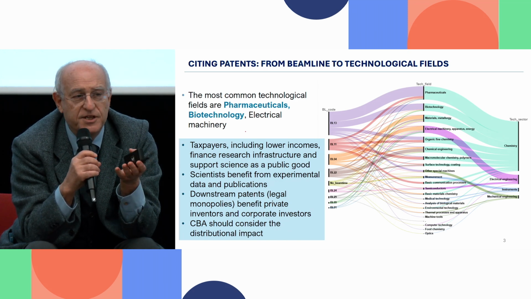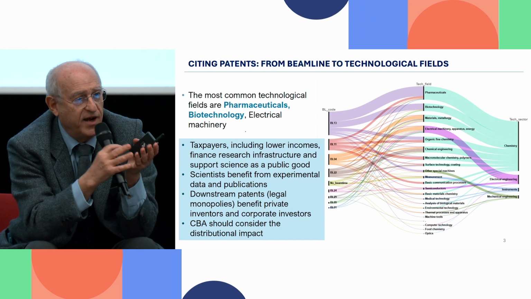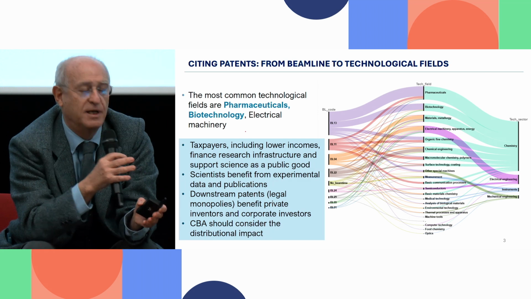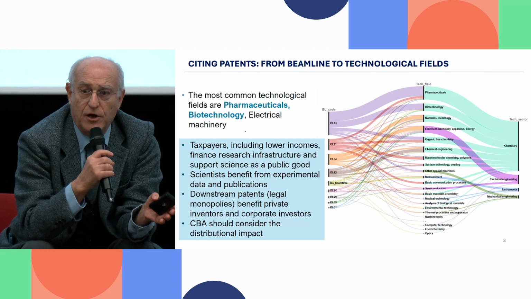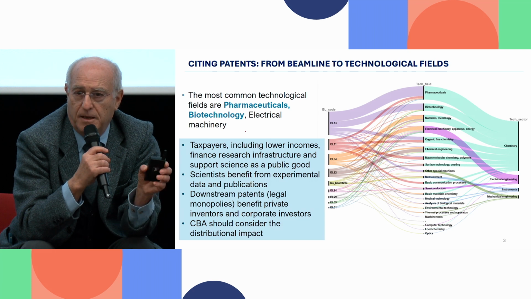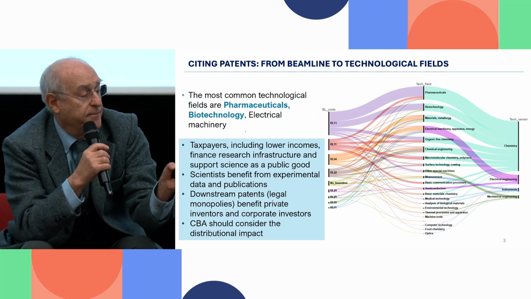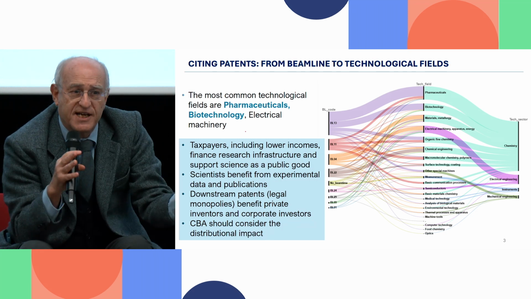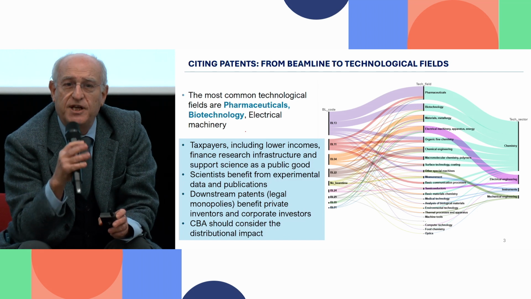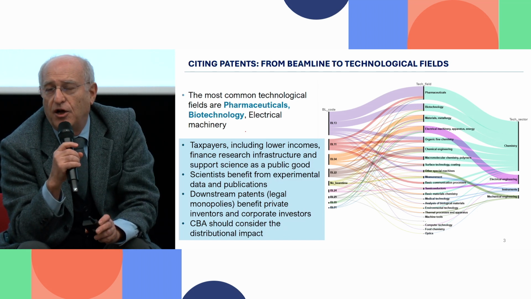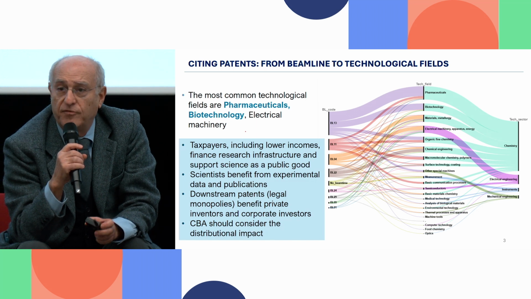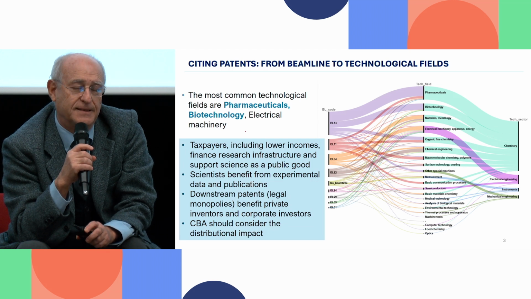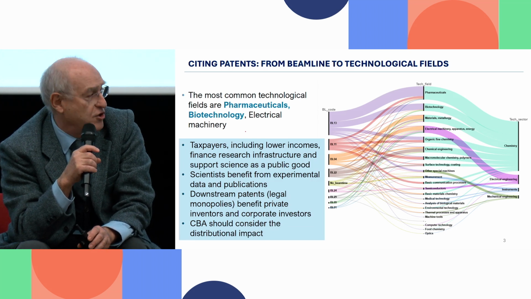So you can see, even in this very unconventional example, if I have to do a cost-benefit analysis of this public investment, I would end up with a poor, low-income taxpayer paying, through the government of Spain and Catalonia, for the functioning as an open science public infrastructure, and in the end there will be an investor of a big pharma profiting from that. So you see why we need distributional impact analysis in cost-benefit analysis.